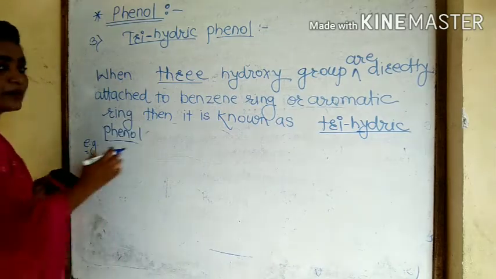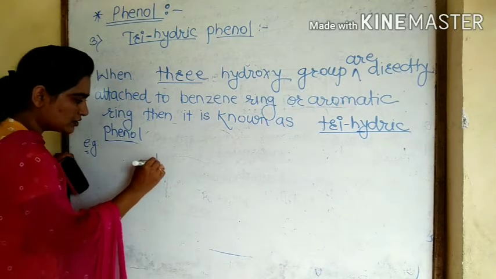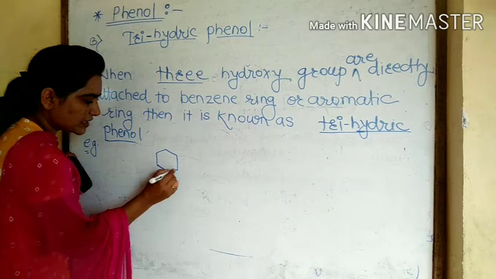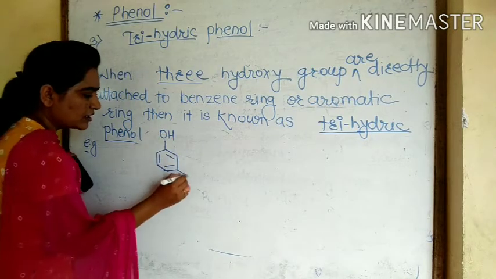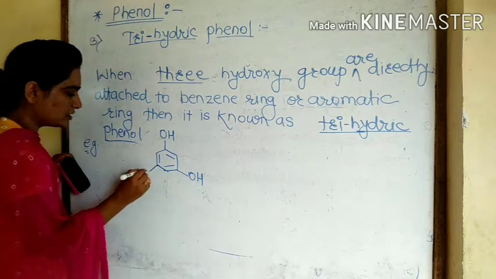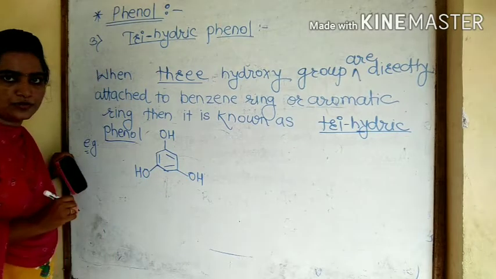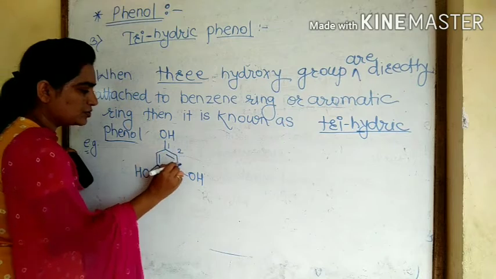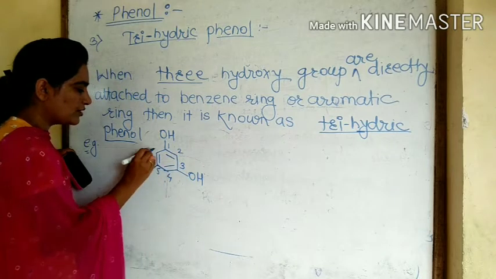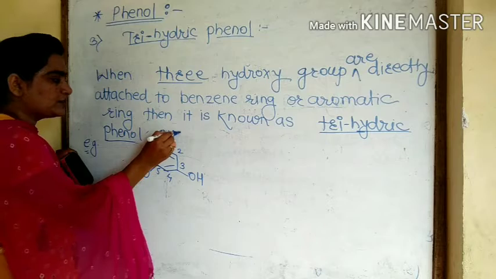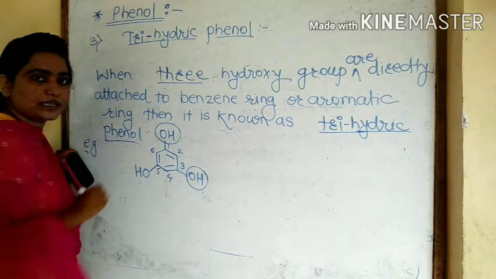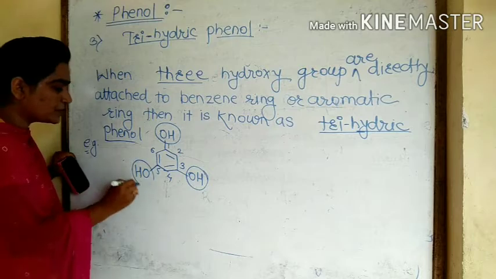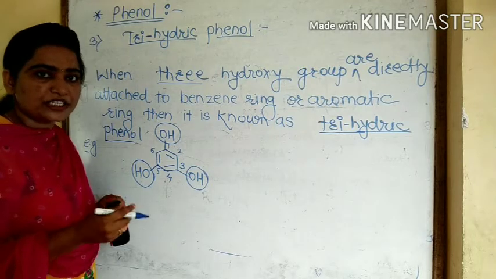Suppose we take the example of trihydric phenol. Again the same benzene ring is present here. Here presence of one OH group, here a second OH, here a third OH group. Now 1, 2, 3, 4, 5 and 6. At the first position OH is present, at the third position OH is present, and at the fifth position also an OH group is present.